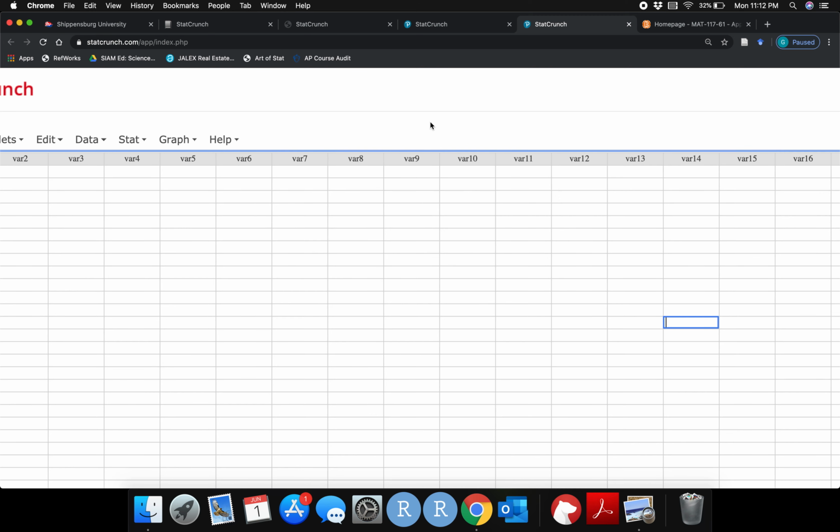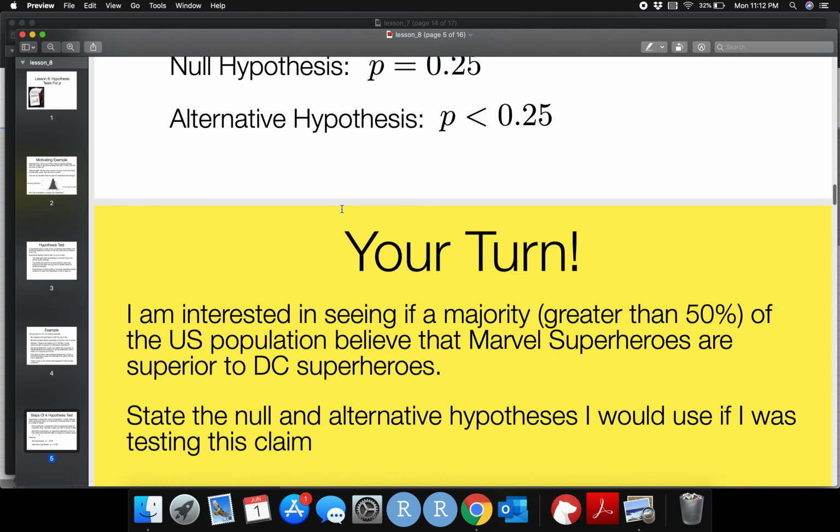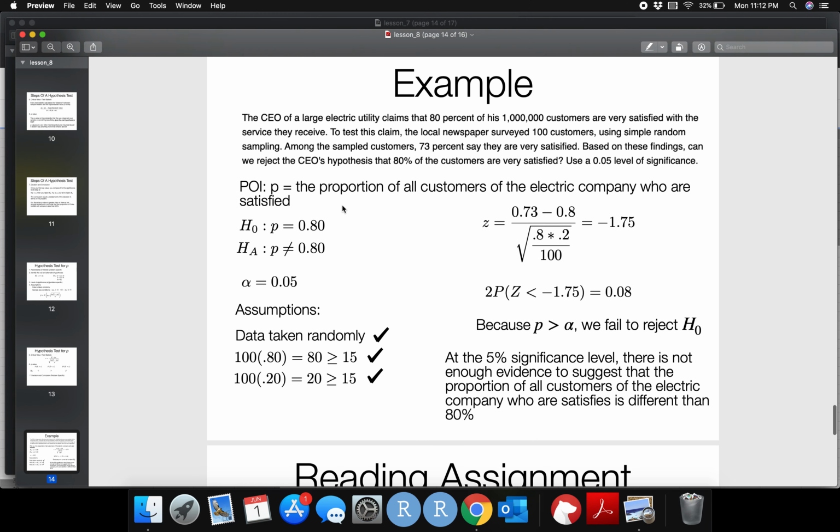For hypothesis tests, it's quite a bit different than a confidence interval, and we've gone through how to do a hypothesis test for P. So here are the slides, motivating example. We'll go down all the way to our actual example here. A CEO of a large electric company claims that 80% of his customers are satisfied, so on and so forth, and we want to test that claim.